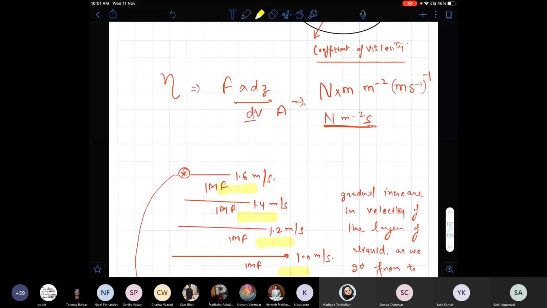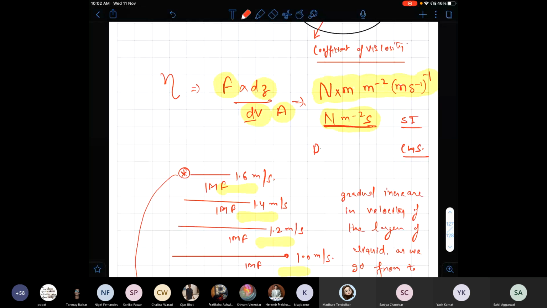Any doubt to anyone in this? Force is Newton, dz is meter, dv is meter per second. Area is meter square. इसको पूरा रख देंगे, we will get this. ठीक है, ये SI यूनिट हो गया. CGS में क्या हो जाएगा? These all are important things.